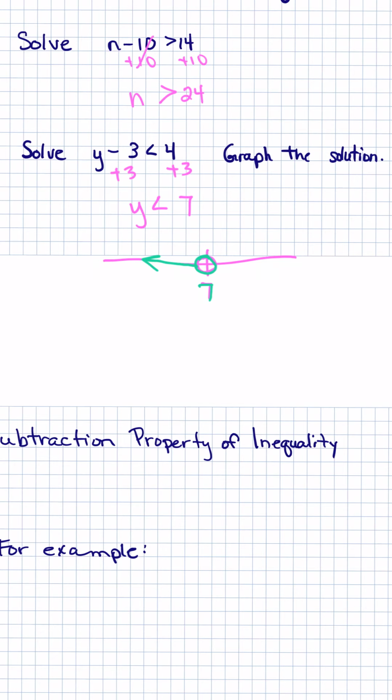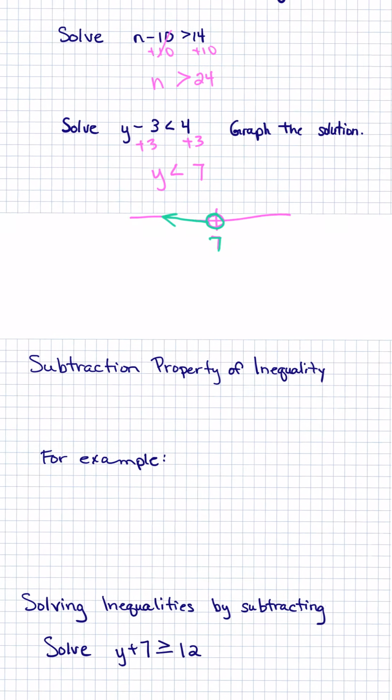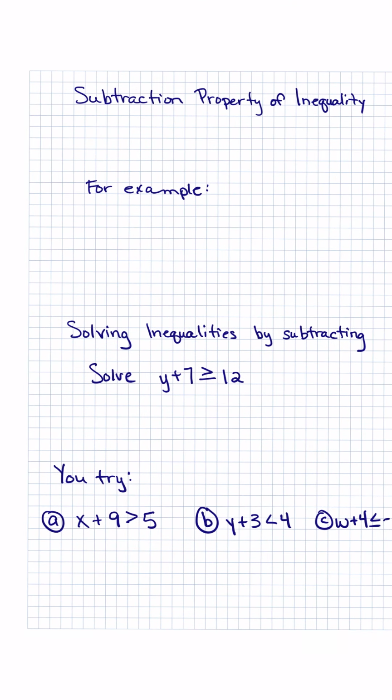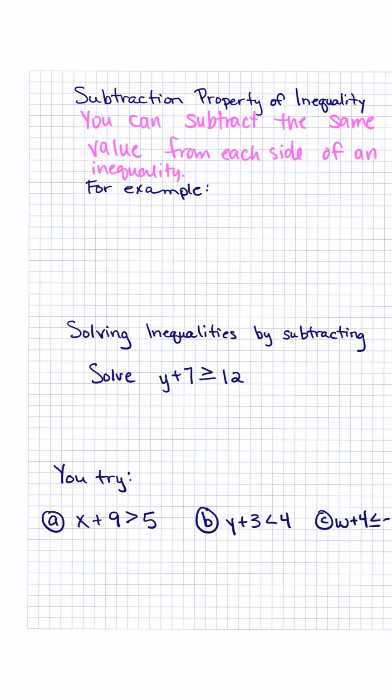So now let's look at the subtraction property of inequalities. The subtraction property says that you can subtract the same value from each side of an inequality and it doesn't change the inequality. Let's write that down. As an example, 9 is greater than 6.